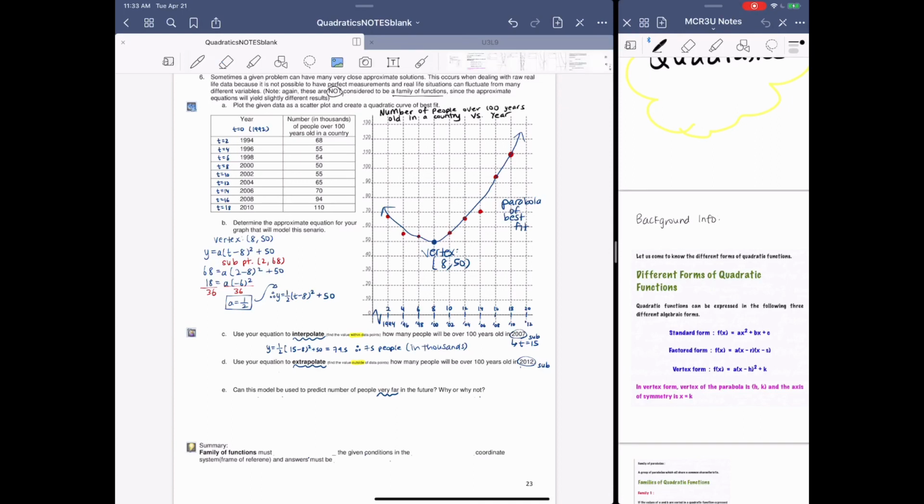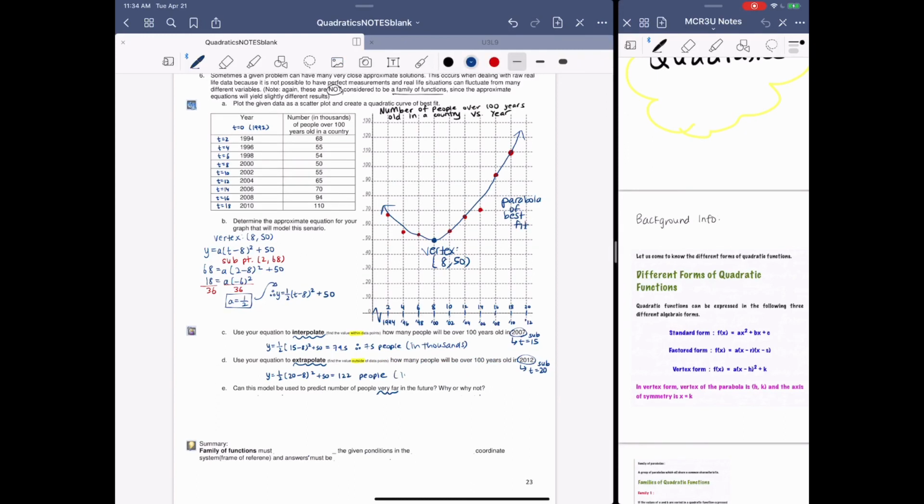First off, the year 2012 has a value of t equals 20 because it's 2 years after 2010. So once I figure that out, I'm going to simply plug that value in. And when I do that, I should get 122 people. And I'm going to write in thousands again.